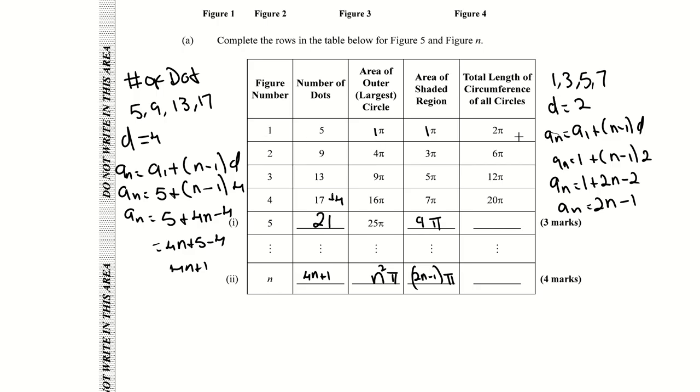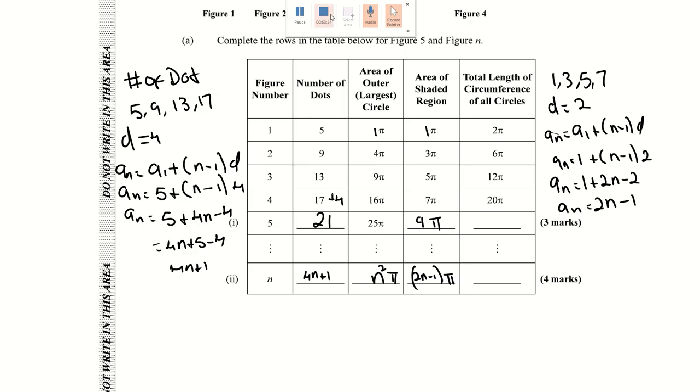So 1 plus 1 is 2 pi. 2 plus 4 is 6 pi. 3 plus 9 is 12 pi. 4 plus 16 is 20 pi.